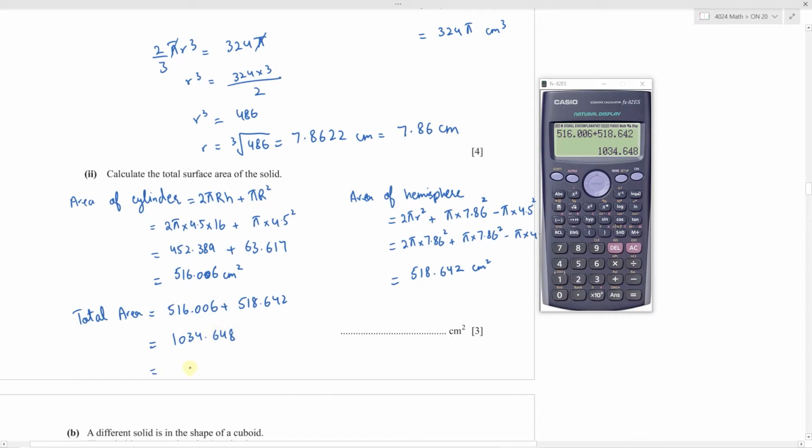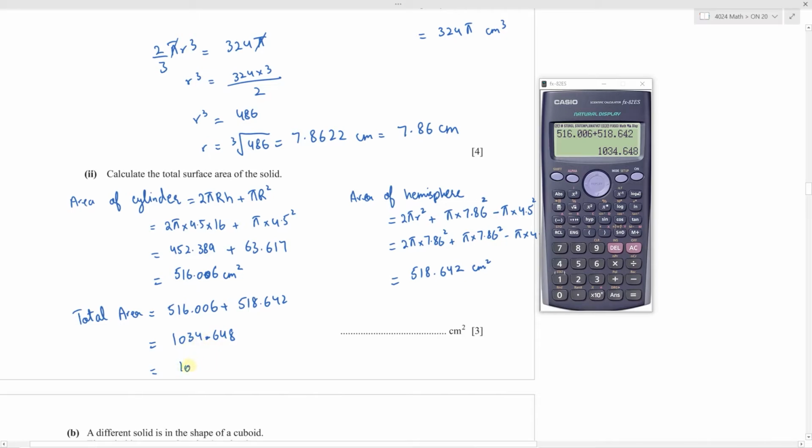So you can write it up till one decimal place, which is 1034.6, or if you want to give the answer in three significant figures, so 1, 2, 3. The next value is 4, so this value will be rounded down to 0, and this will remain as 3 as it is because this value is less than 5.